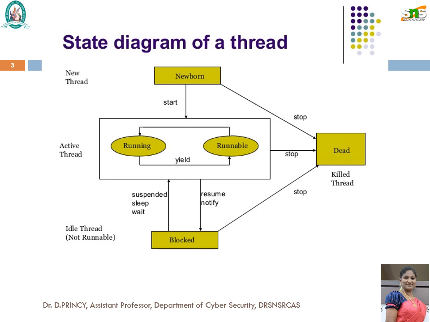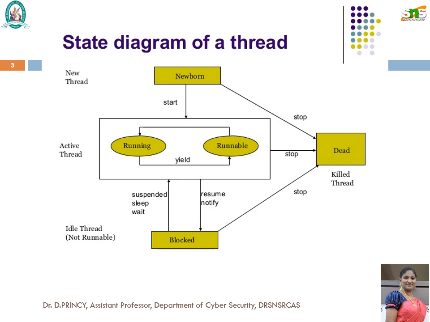When we want a thread to move into the blocked state, we can use either the suspend method, sleep method, or wait method. When we want to come back from the blocked state to the runnable state, we can use the resume method or notify method.